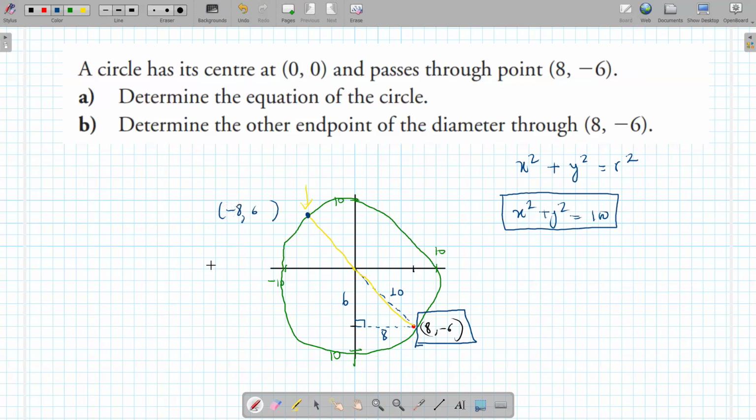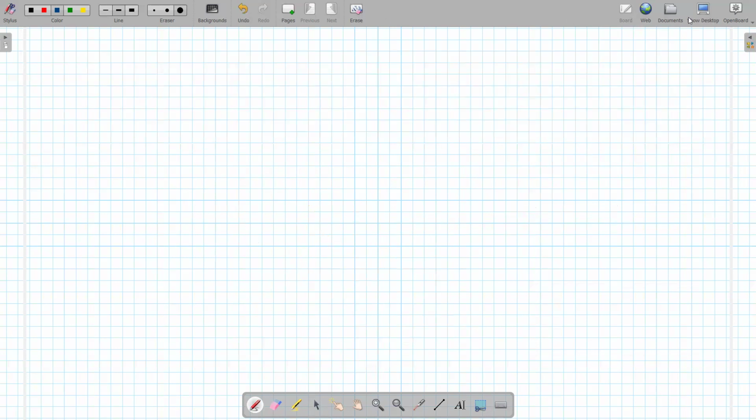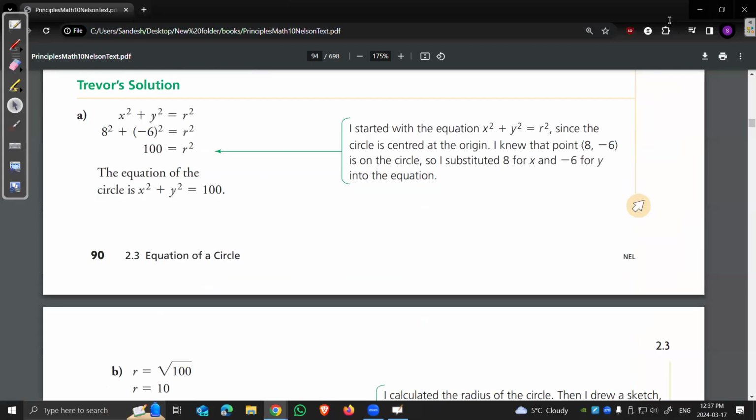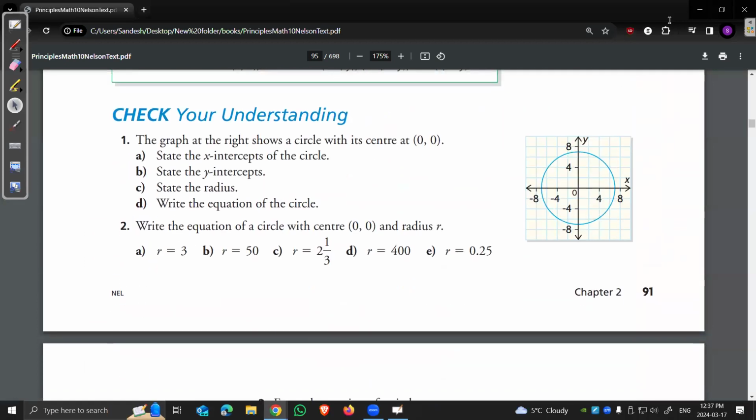What about in quadrant 3? -8 and -6. And in quadrant 1, CAST rule, everything is going to be positive. So for part B, they just wanted this as the answer, but you could have also gotten these points. It's honestly pretty simple.